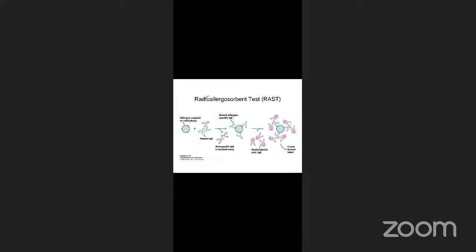Those drugs are called antihistamine drugs. Cromolyn sodium can also be given to treat type 1 hypersensitivity reaction.